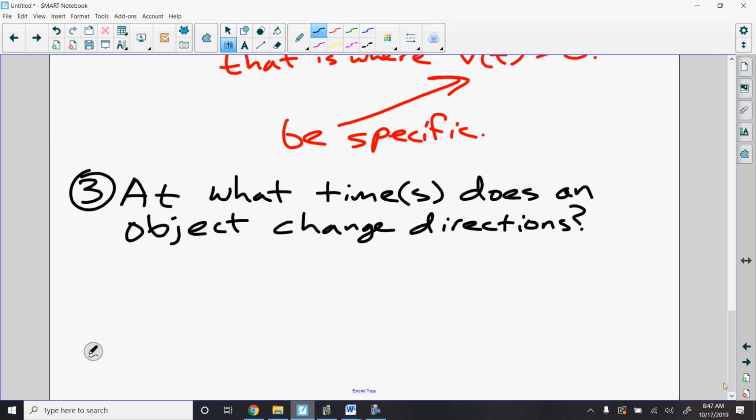Well, this idea of direction goes back to yesterday's video. The direction of an object is determined by the velocity sign. If velocity is positive, we know the object's going right. If velocity is negative, we know the object's going left. To change directions, we have to switch signs on velocity. So an object changes directions when v of t switches signs.